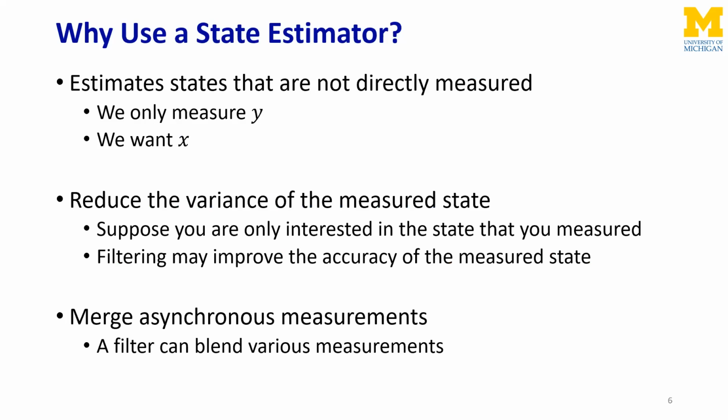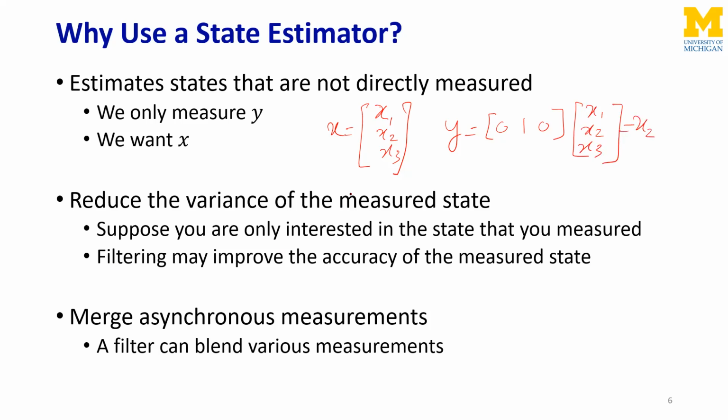Okay, so generally speaking, why do we want to use a state estimator? Like in the previous slide I showed you, we don't necessarily measure all the states. We maybe only measure a few of the states. So if your state is x1, x2, and x3, and you only measure the second state, this will actually give you just the second state.